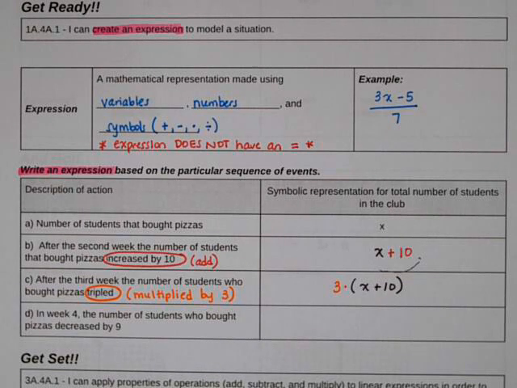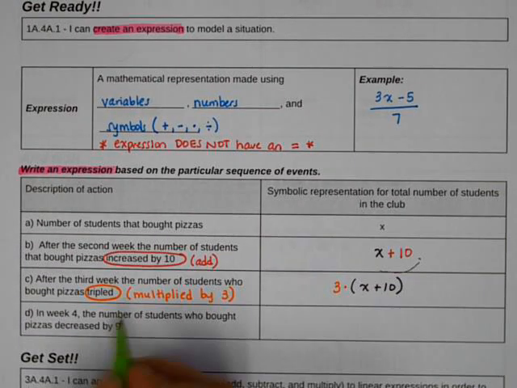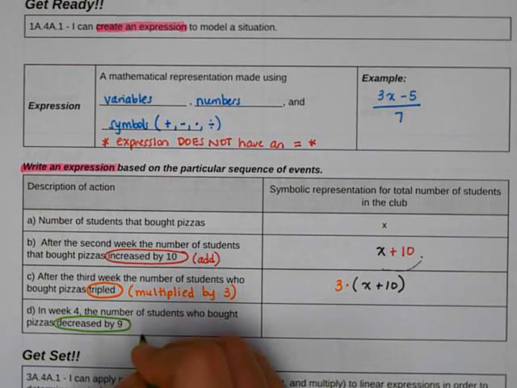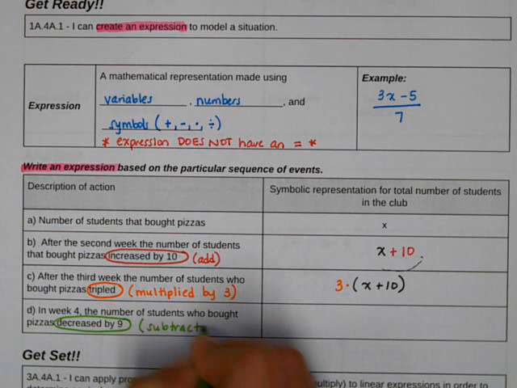In part D here, it says, in week 4, the number of students who bought pizzas decreased by 9. The key words here are decreased by 9. Decreased means subtract 9.